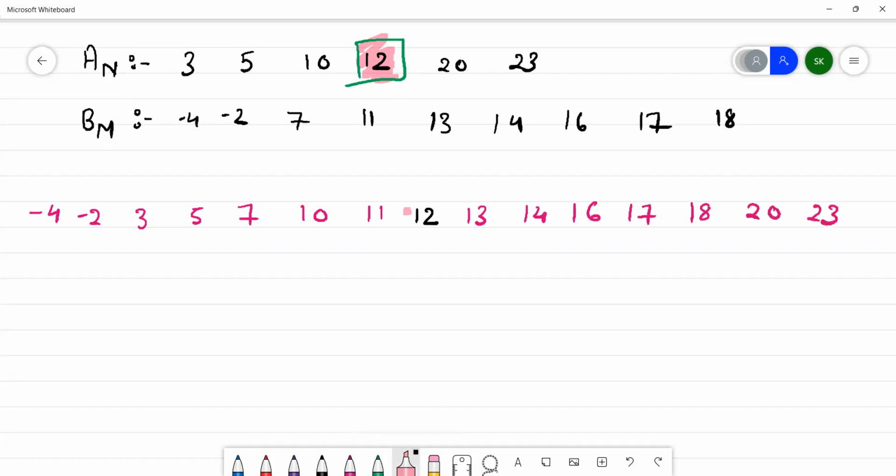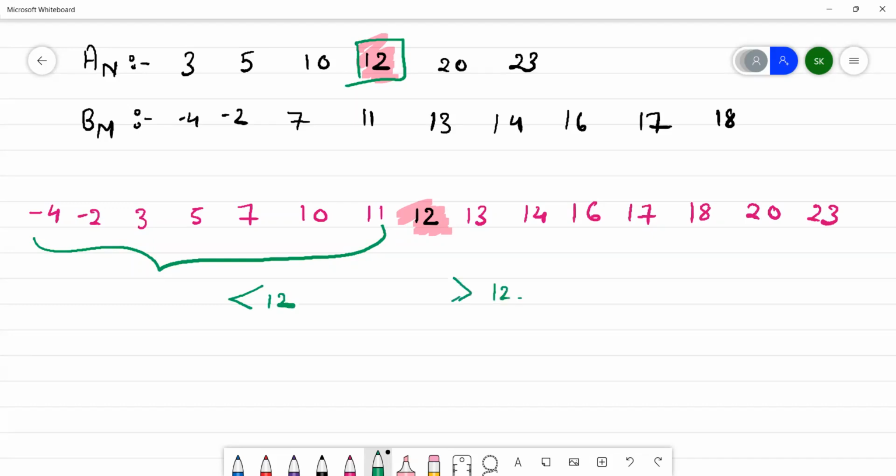So this is our middle element. There are exactly 7 elements which are smaller than 12, and exactly 7 elements which are greater than 12.